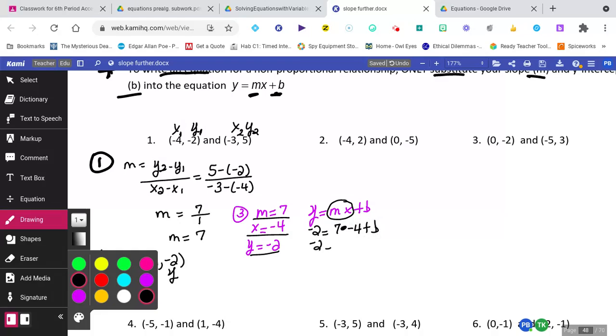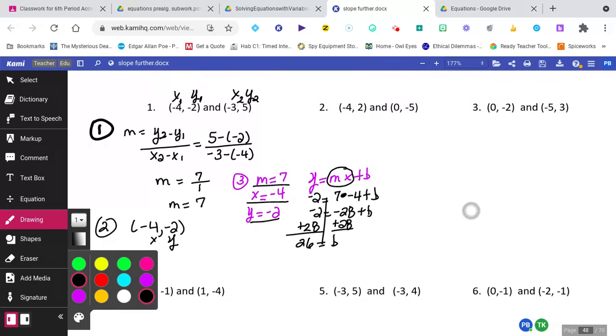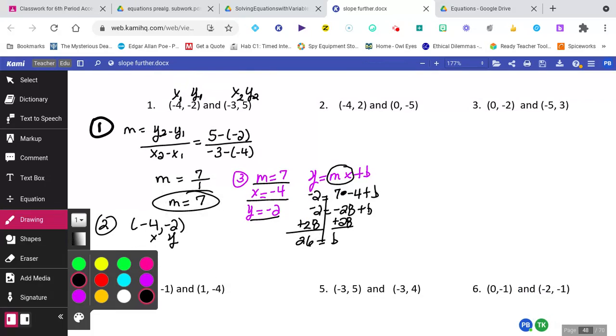So we end up with negative 2 equals negative 28 plus b. To solve for b, you're going to add 28 to both sides. You all should be very, very familiar with this. So we get 26 equals b. So the equation is just going to involve m and b. My equation is going to be y equals 7x, because slope attaches to x, plus 26. That's my equation for 1.